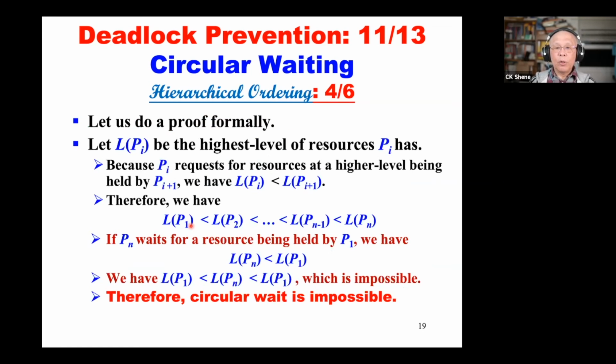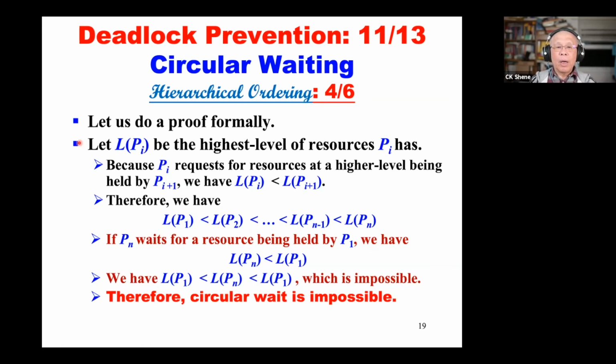Now, if you move to here, you may be surprised that a formal proof is rather easy, although you may not be used to it. Let's say, as we mentioned, every process owns some resources. Let L of Pi be the highest level of resources Pi has. So suppose Pi has resources L1, L3, and L6.